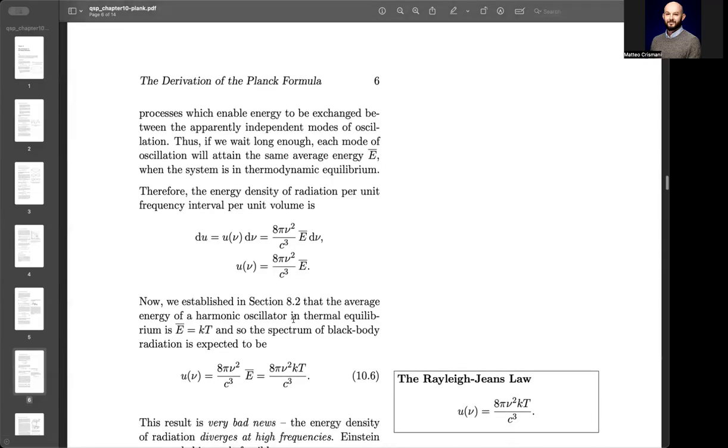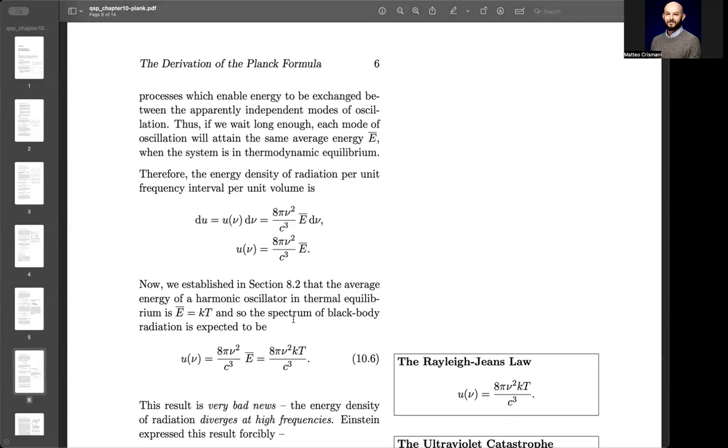And here again is where you begin to have the problem. The energy density, the energy as a function of frequency, at zero, no big deal. This is well behaved at small nu. What happens at large nu?